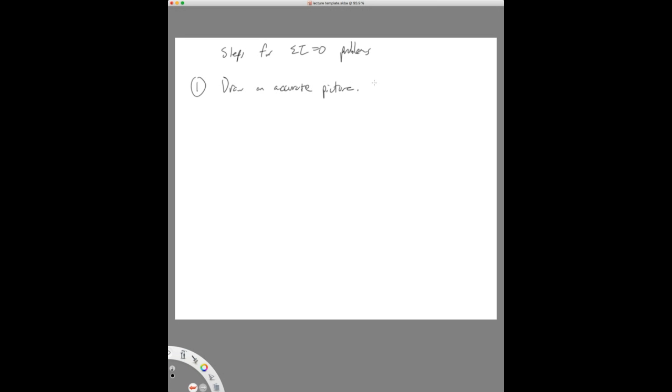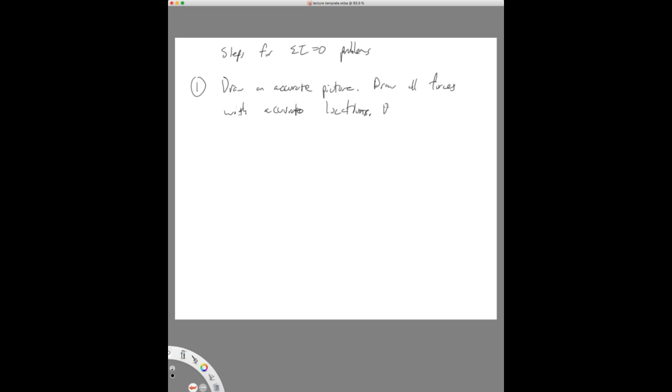So draw all forces with accurate locations. This is kind of fun when I'm writing on this thing when it's lagging, because I get to write it and then watch and see if the letters came out in the right place. Okay, so with accurate locations. That's key. We've got to get the forces drawn in with accurate locations.